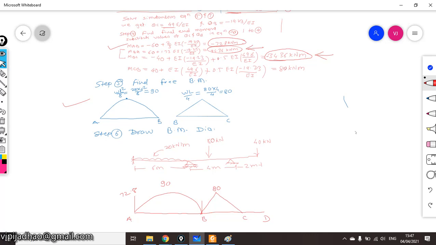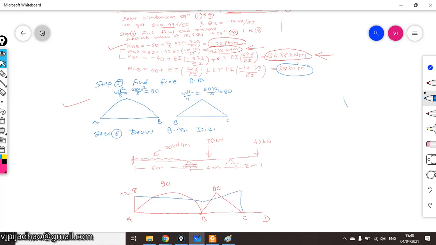Just join these two lines. Now for CB the value is plus 80 kilonewton meter, therefore it will be on the clockwise face. Draw this on the clockwise face like this. Just join these two lines.